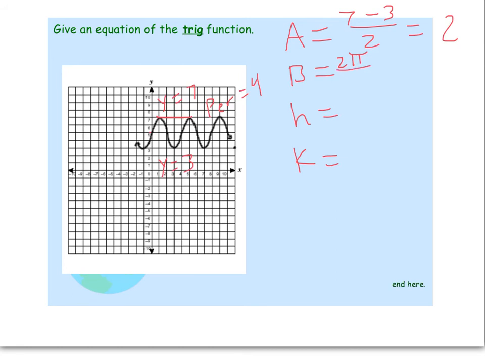Again, B is 2 pi over the period, which we identified as 4, which means our value for B, our horizontal stretch, is pi over 2. We had already talked about how the horizontal shift is 1. And it looks like the horizontal middle of the graph is right at y equals 5, which would imply that this graph has been shifted up 5 units.